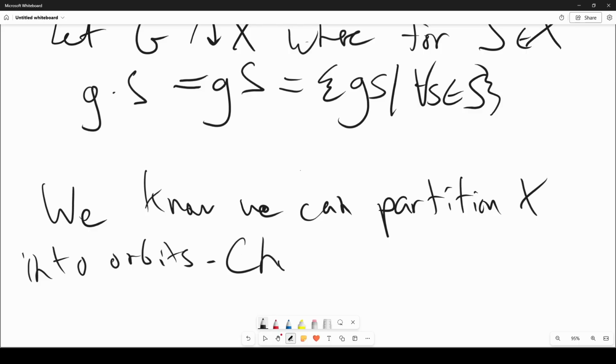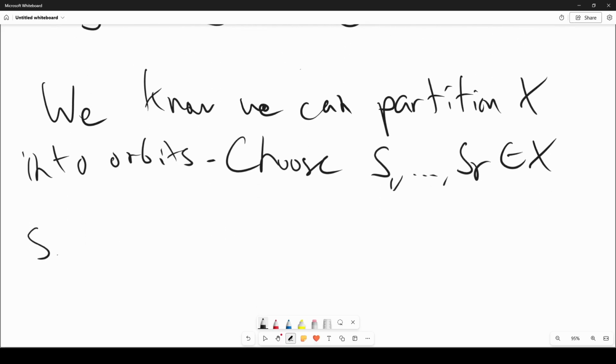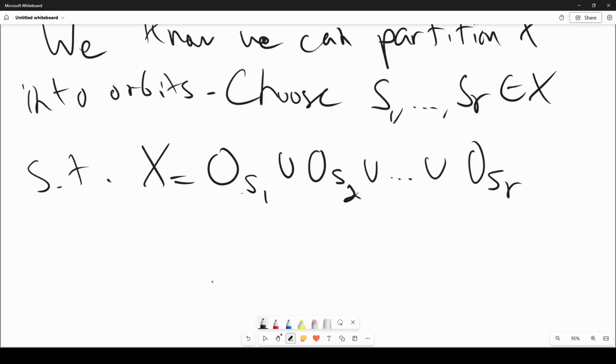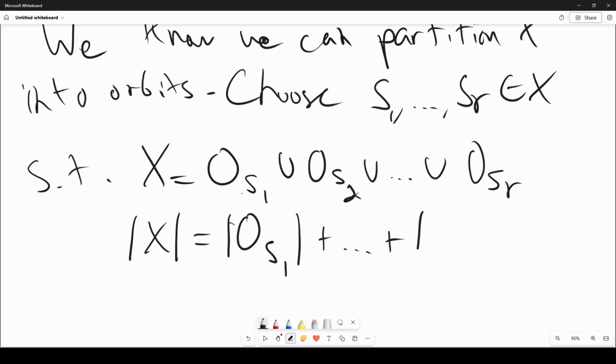So choose S1 through SR in X such that we get X equals O of S1 union O of S2 union all the way to O of SR. And also in particular, we're going to choose S1 through SR such that these are all disjoint, and we get that the size of X equals the size of O of S1 plus all the way to plus O of SR. Okay, so this is our setup.